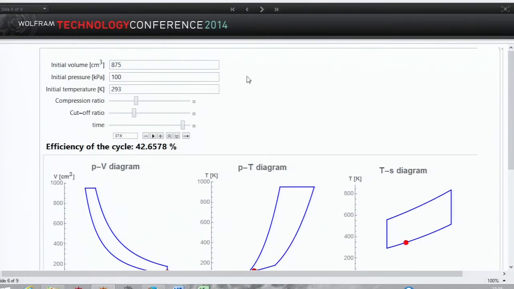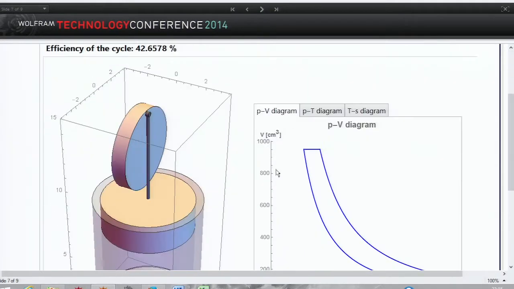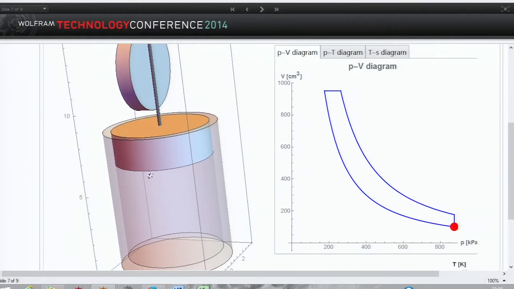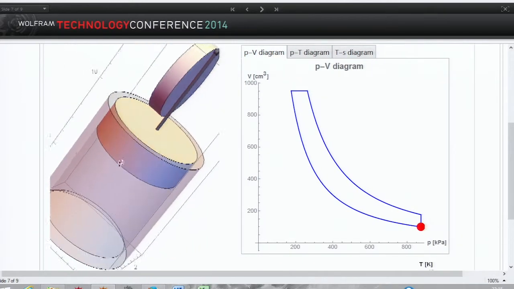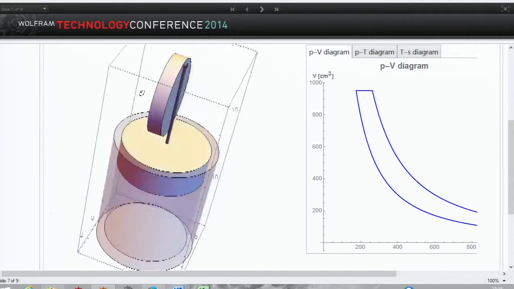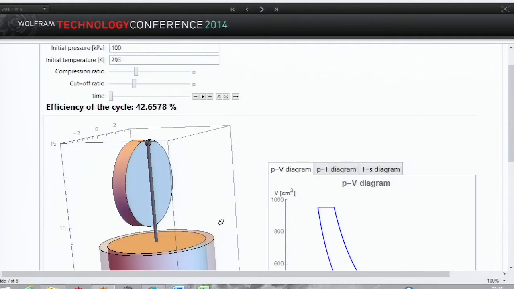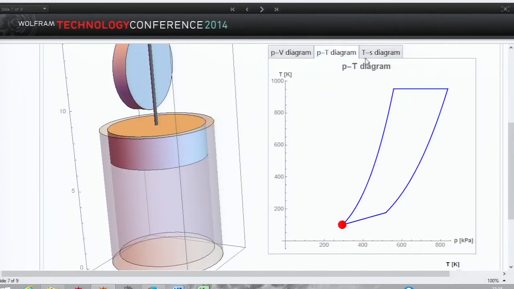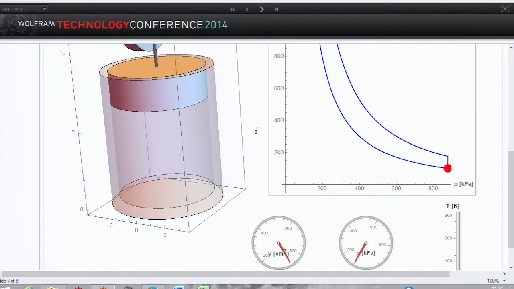That's the one part. And the final part was to do a 3D model of the cylinder and the piston, where on the right side you can change the diagram you want to watch while the piston is moving.